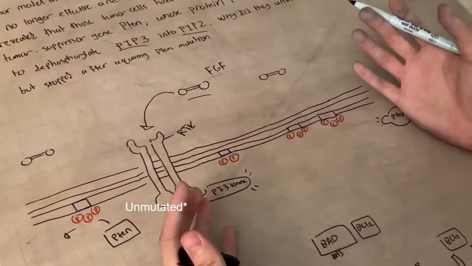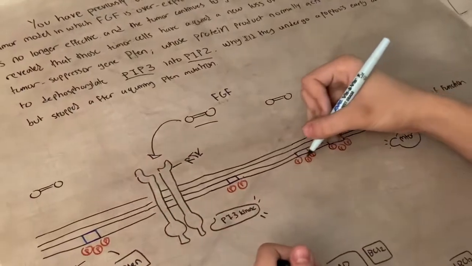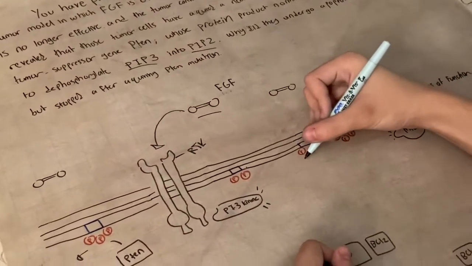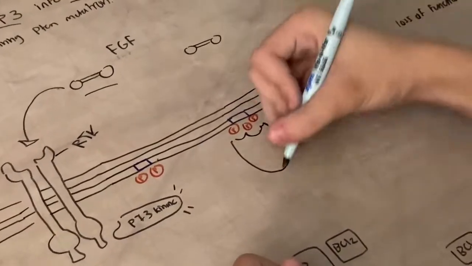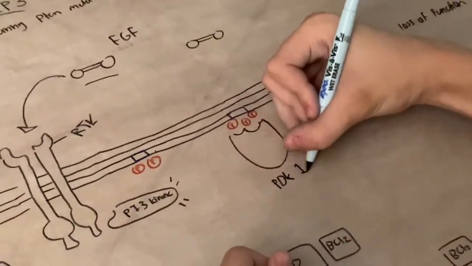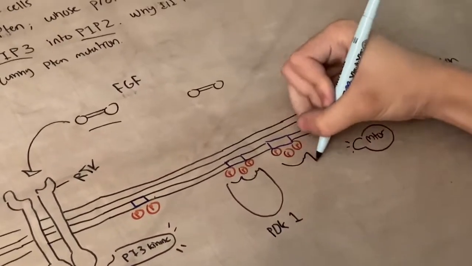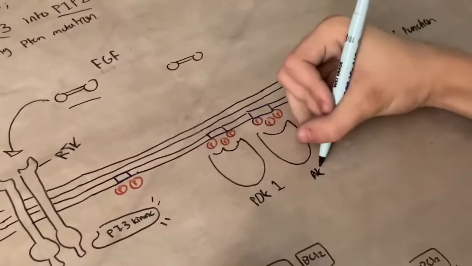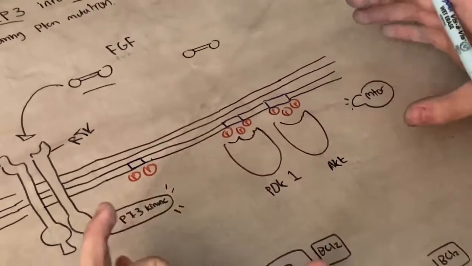So what does PIP3 do? Why is it so special, and what does it have to do with our mouse having cancer? PIP3 acts as a docking site for other proteins called PDK1 and AKT. These are membrane proteins, and they basically act as docking sites.